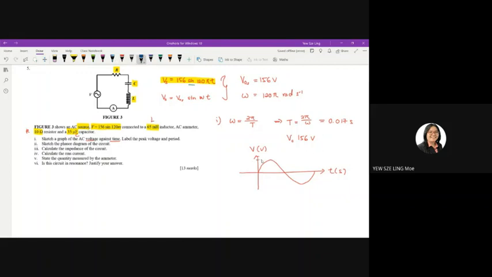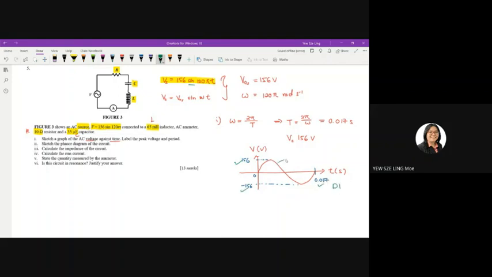This is the peak value, 156, and here you have negative 156, and here is 0. It also asks you to label the period, which is the time taken to complete one cycle. Here is the period, and the value is 0.017. If you got all these values correct, the first mark, D1, is given.